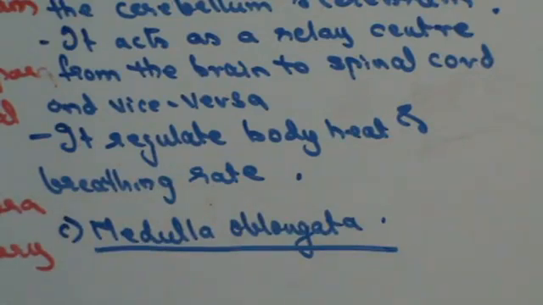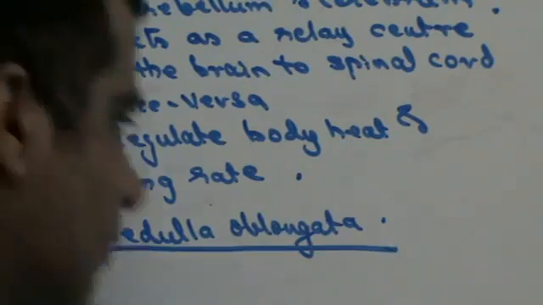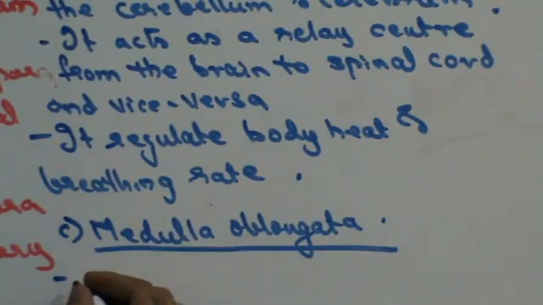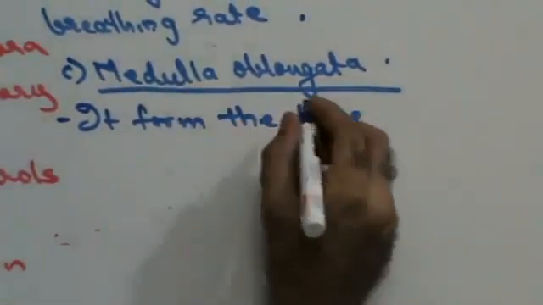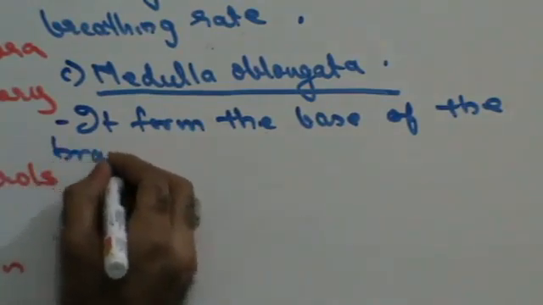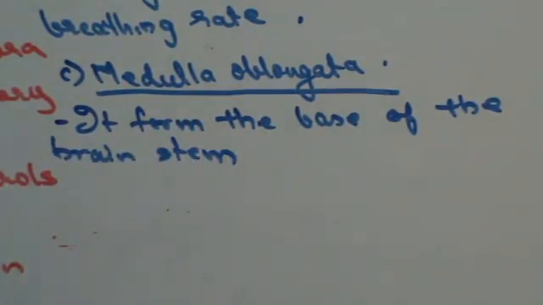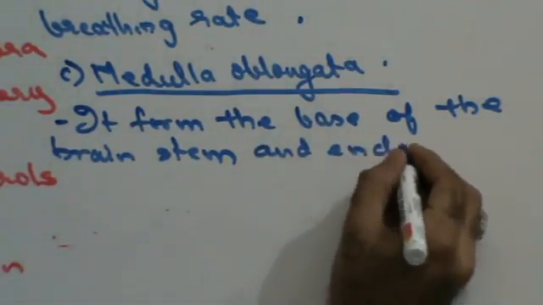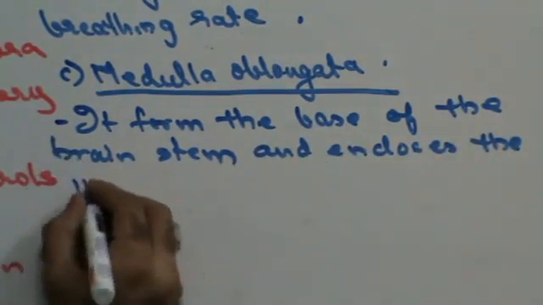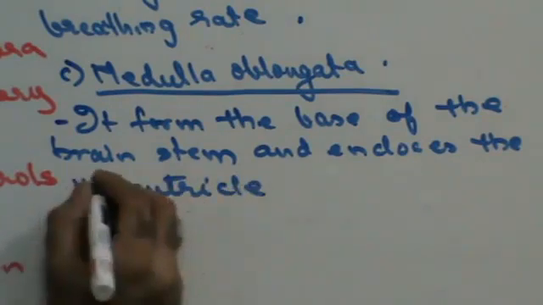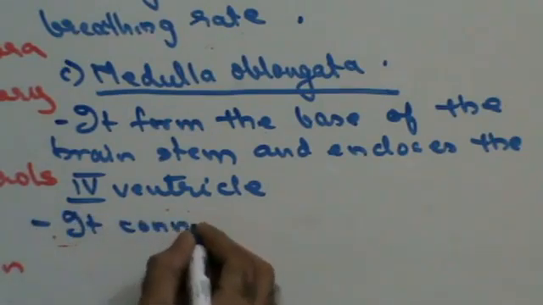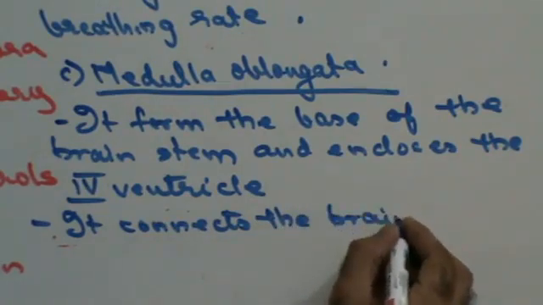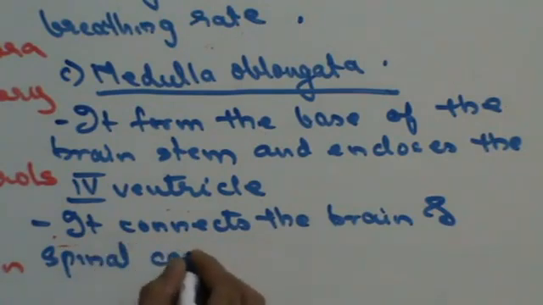The medulla oblongata forms the base of the brain stem and encloses the fourth ventricle. It connects the brain and spinal cord.